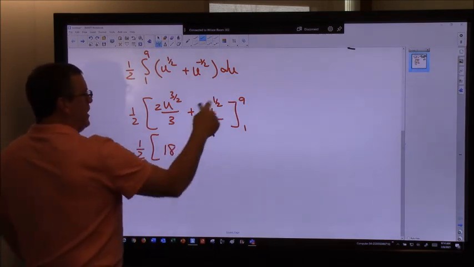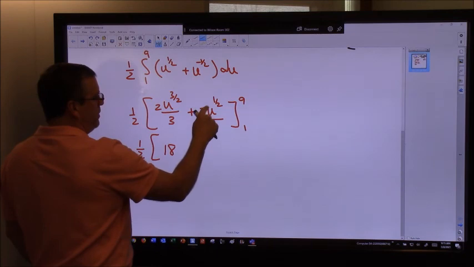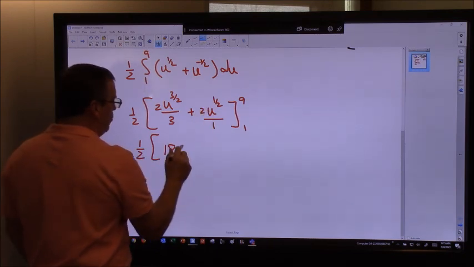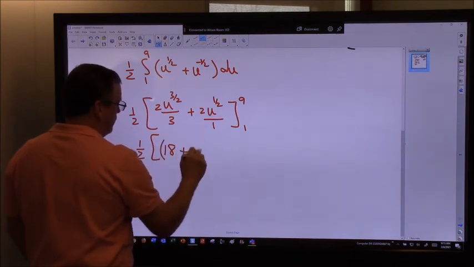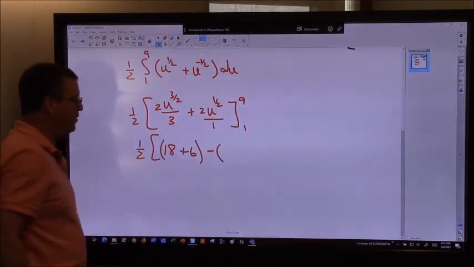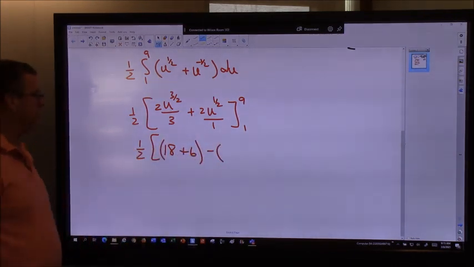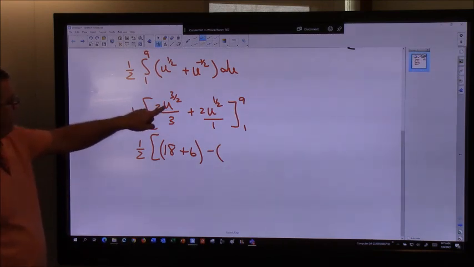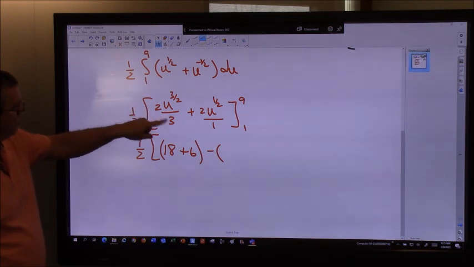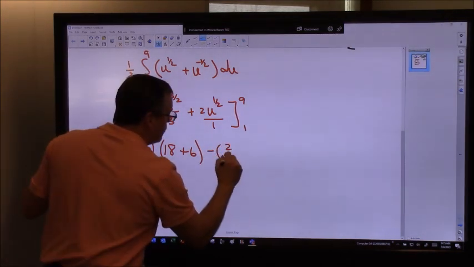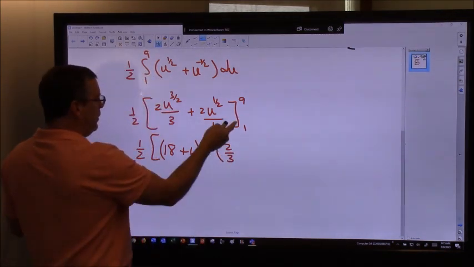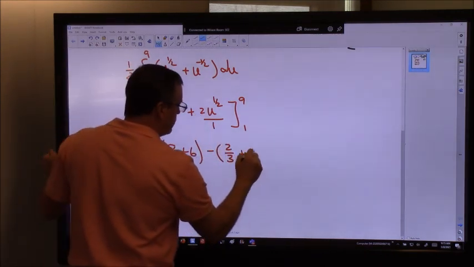And then I put a 9 in here, and the square root of that is going to be 3. Times 2, that's 6 over 1. Minus what I get when I plug in the bottom number. So if I put a 1 in there, 1 raised to anything is 1. Times 2, that's 2, so 2/3. And then I put a 1 in here and I get plus 2.